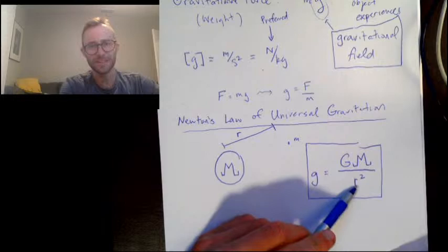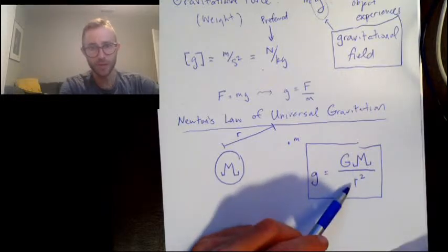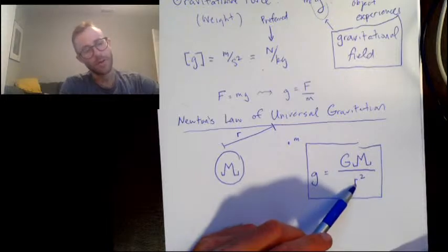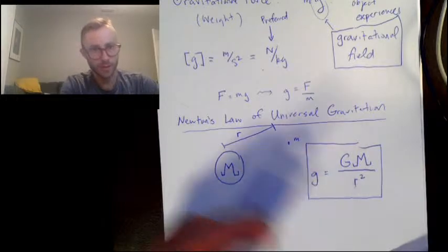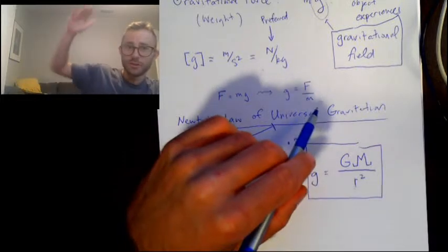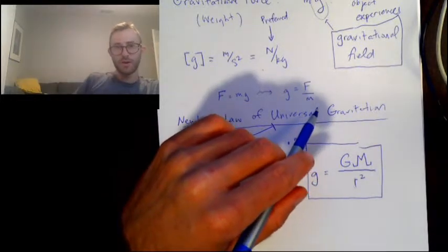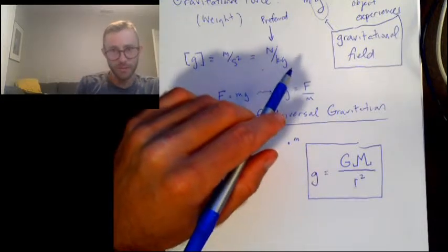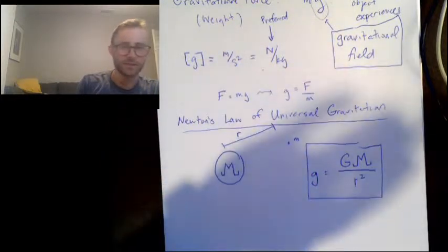So we can see that the farther you are away from the object, r gets bigger, and since r is on the denominator, you're going to experience weaker and weaker gravitational fields. So for example, if you are up in an airplane, you're farther away from the center of the Earth, and so the gravitational field is slightly less.